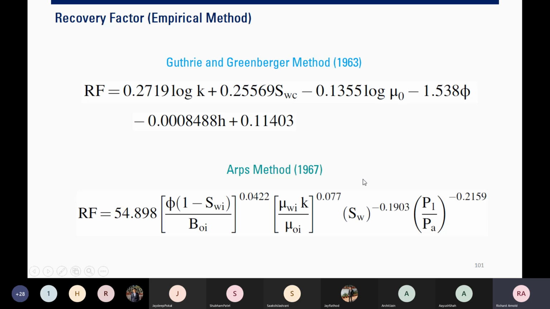Or you can also use your API method, provided that you know the porosity, formation volume factor, initial water saturation, the viscosity ratio, permeability, pressure, and abandonment pressure, then you can easily estimate your recovery factor. This is a quick look method.